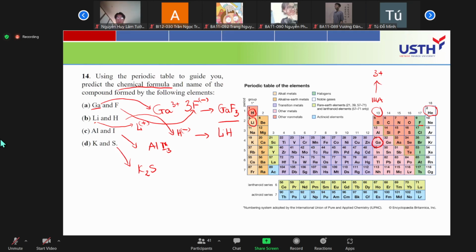Let's remember that when ions attract together, they normally need to neutralize the charge. That is why gallium 3+ needs 3 fluoride minus to become neutral gallium fluoride, or GaF3.